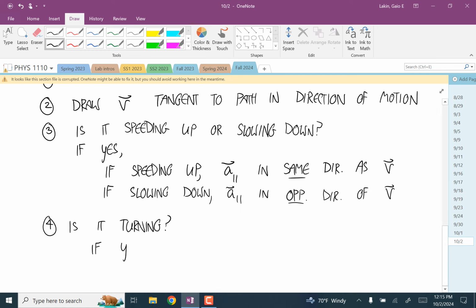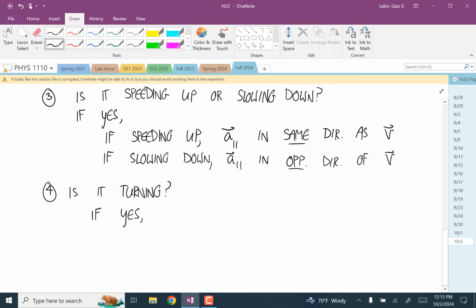So if it is turning, if yes, fit a circle to the path and A perpendicular is toward the center of the circle. And remember that A perpendicular always has to be perpendicular to these two other things you've drawn, the velocity and A parallel. Okay, they always have to be 90 degrees apart.